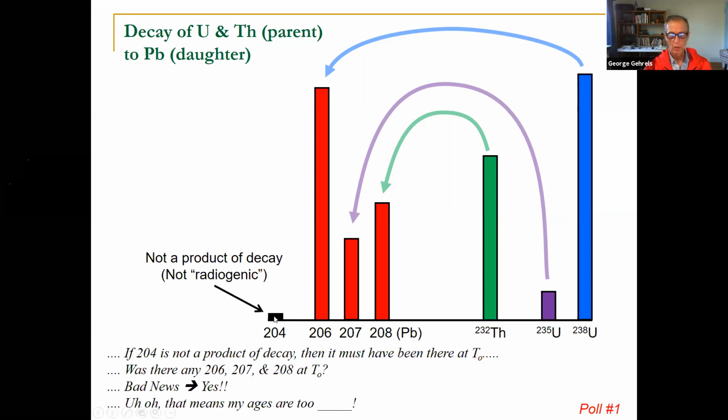And that would make you wonder, well, if there was 204 present at time 0, was there also some 206, some 207 and 208? And the bad news is that yes, every zircon crystal that you have, every mineral you measure, has some 206, 7, and 8 that's initial. It was there at time 0. And so the question is, that means my ages are too... and let's see if we can pull up that poll.